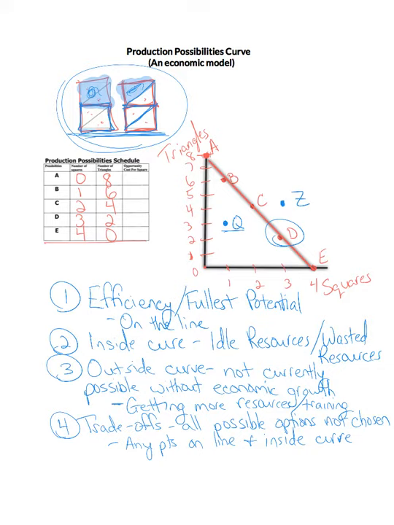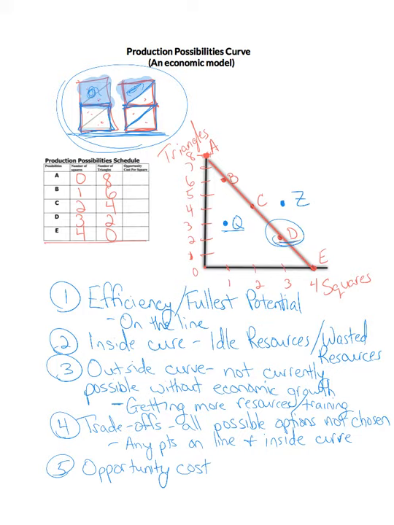Now if you remember when we talked about trade-offs, we also talked about opportunity cost. Opportunity cost is, remember, the second choice, the runner-up, whatever you're giving up because you make one choice instead of another.